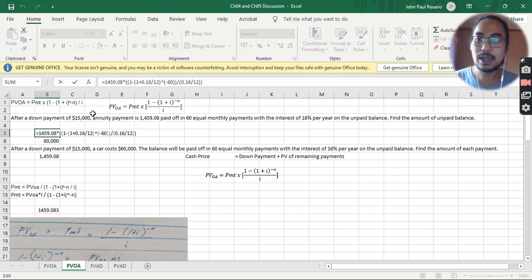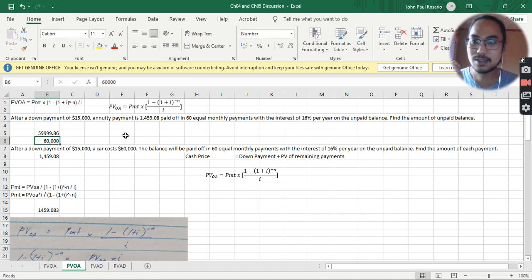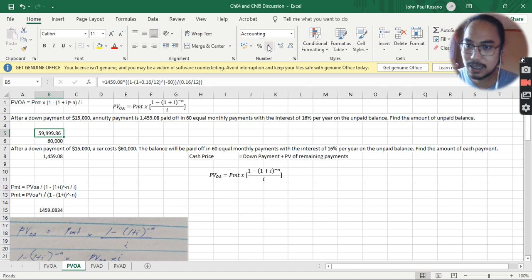So here, 16% over 12 because it is monthly. And then 0.16 over 12. As you can see here, guys, payment times 1 less 1 plus i raised to the power of negative n, because we have 60 equal monthly payments, over i. So that should give you 59,999.86.